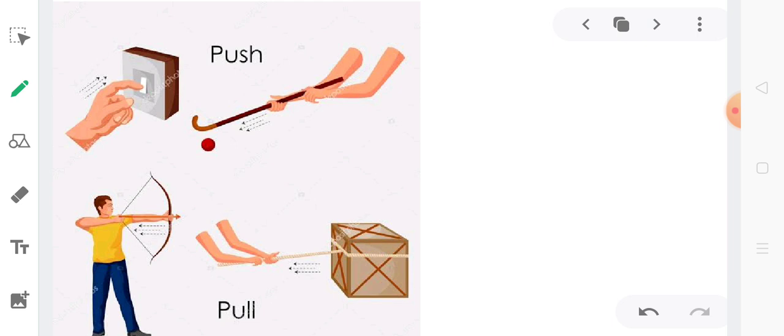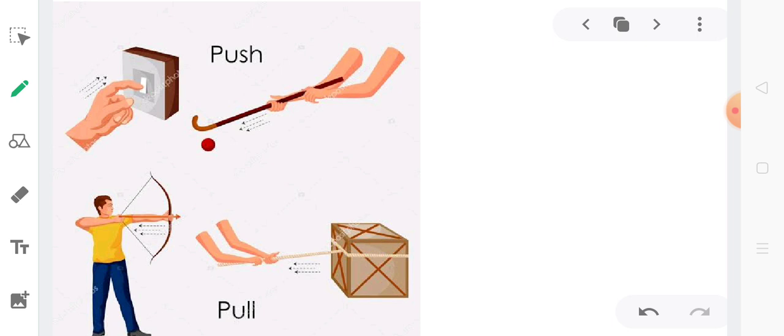Some more examples regarding push and pull: pushing a switch, pushing a ball with the help of a hockey stick, pulling a box, or pulling the rope in order to hit an arrow to the target.